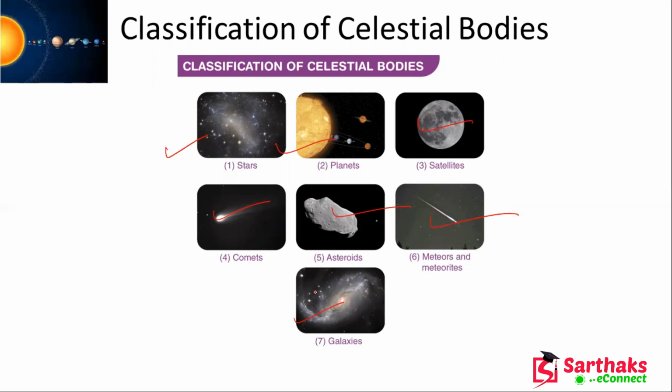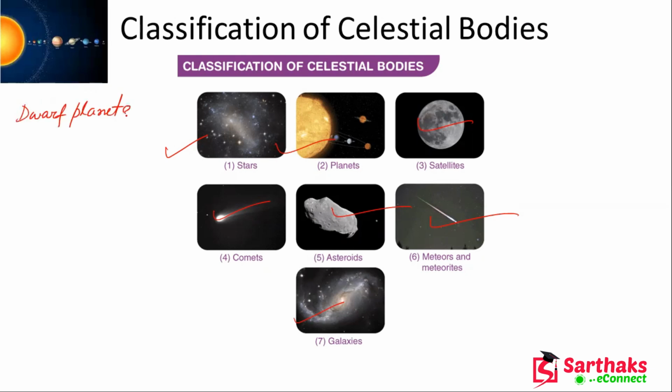We have Mercury, Venus, Earth, Mars, Jupiter, Saturn, Uranus, Neptune, and dwarf planets Pluto, Eris, Ceres.